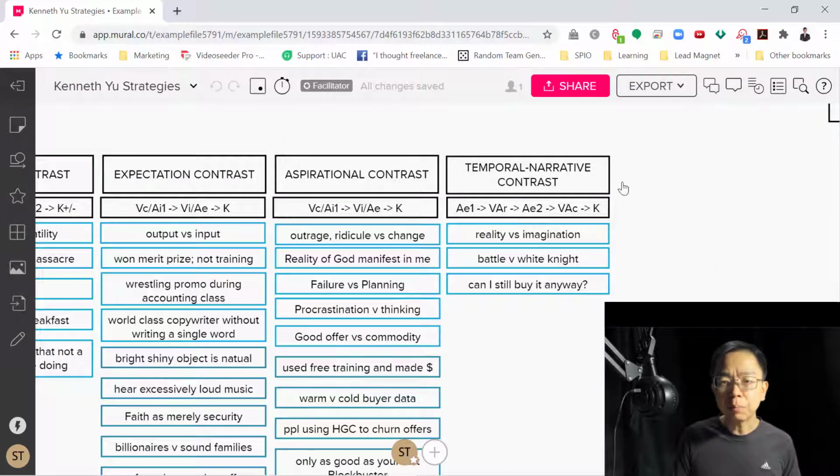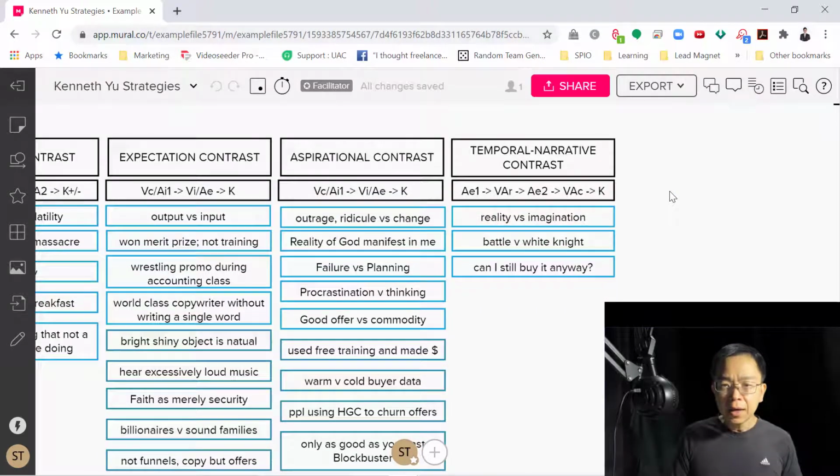So let's start off with temporal narrative contrast. This strategy is used when there is a story being told, and basically you are accessing your recall of what was going on inside your mind. So, for example, you start talking, once upon a time, there was a big bad wolf.